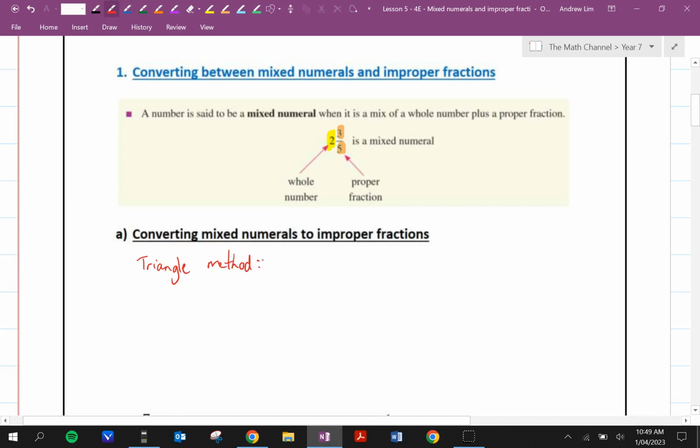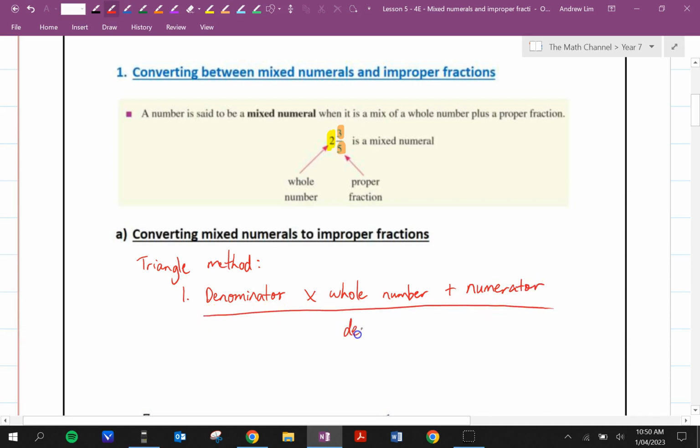So the triangle method means starting with the denominator, multiplying by the whole number, adding the numerator, and then putting it all over the denominator. So we're going back to the beginning.